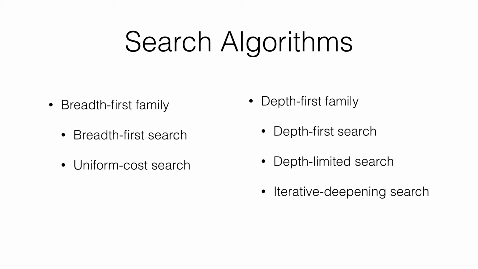The reason that they're called uninformed is because all we get to see is the cost of the move right in front of us and the cost of the steps that we've taken so far. There are no clues from the environment or from experts or any domain knowledge as to what node we should try next.